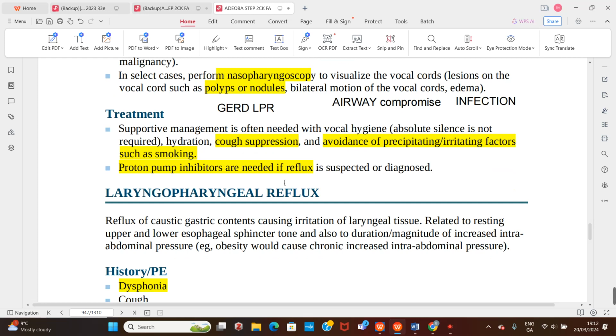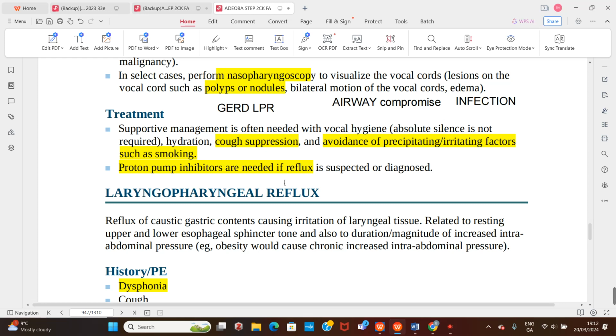Supportive management is often needed with vocal hygiene. You are not telling them to keep quiet, but they undergo voice training. If it's due to excessive cough, you want to give them an expectorant to treat the cough. If it's from drugs, you want to suppress the drug, like ACE inhibitor, change it to ARBs.